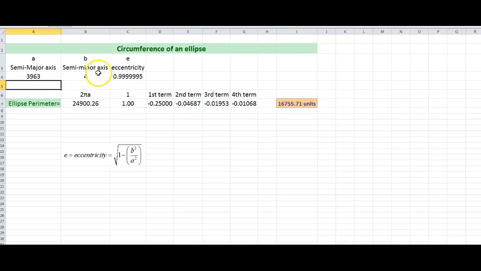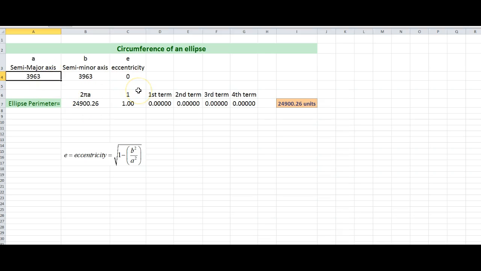That's the radius of the Earth in the x direction, and the radius of the Earth in the y direction is the same thing, 3,963 miles. Okay, we do that, then the eccentricity is 0 because it's a circle. And if the eccentricity is 0, then the rest of these terms are 0, and our 2 pi times a comes out to be 24,900.26 miles. So essentially, the circumference of the Earth is 25,000 miles, approximately.